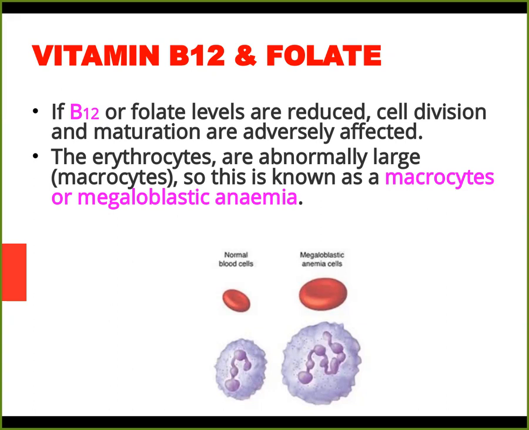And in our bloodstream, we have a small amount of red blood cells, but the size of these red blood cells increases. Normally, the diameter of red blood cells is about 7.5 micrometers, but in megaloblastic anemia, it may increase up to 12 micrometers.